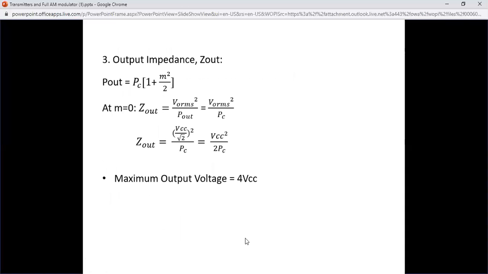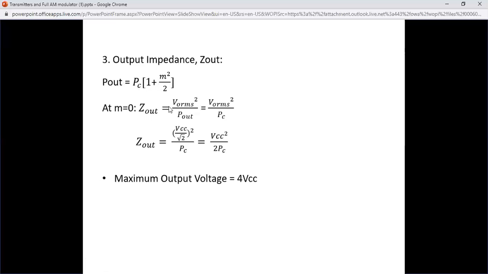Now for the last parameter, which is the output impedance at the carrier, or Z out, this will be calculated at m equal to 0, because the total power, or the carrier power, should be present at the antenna. So we know that P out is equal to PC, the carrier power, multiplied by 1 plus m squared over 2.